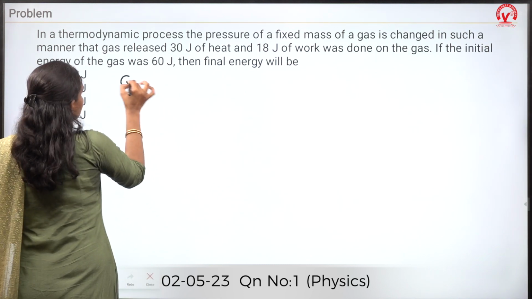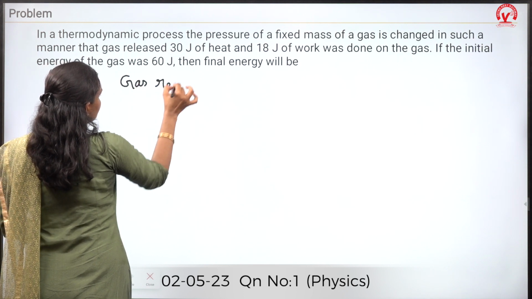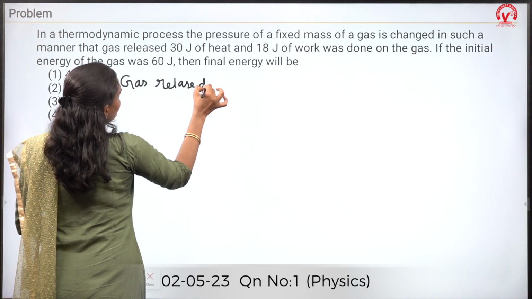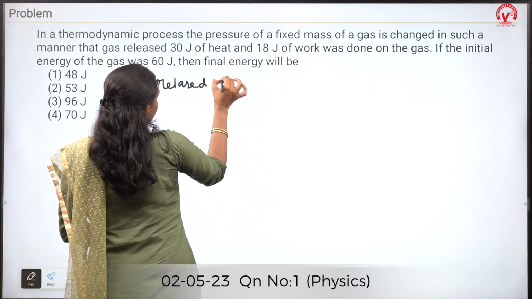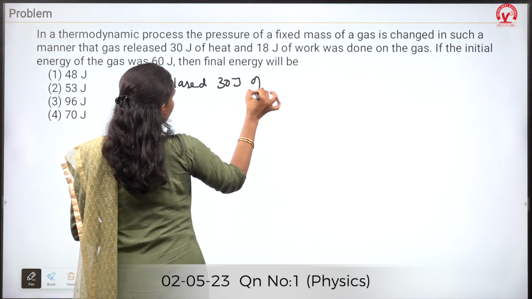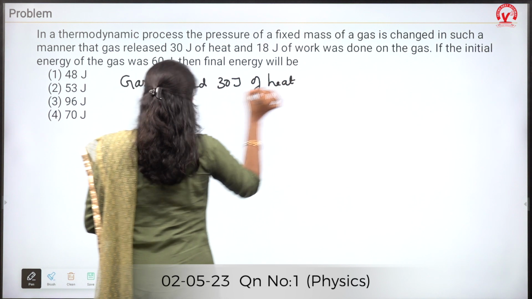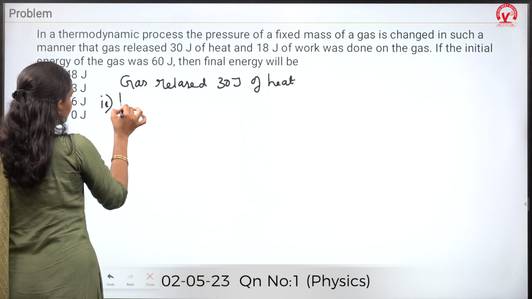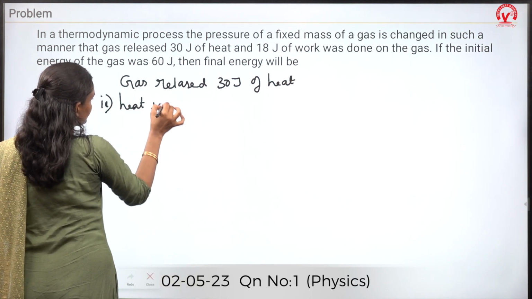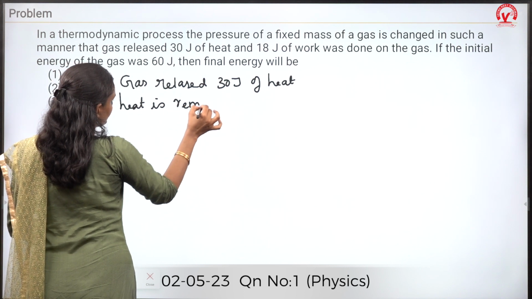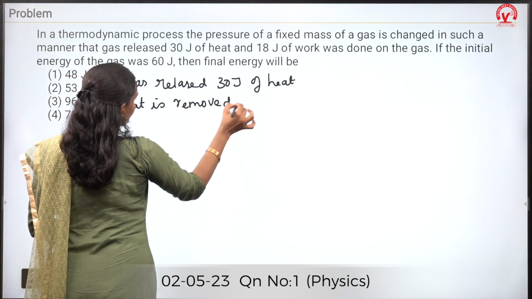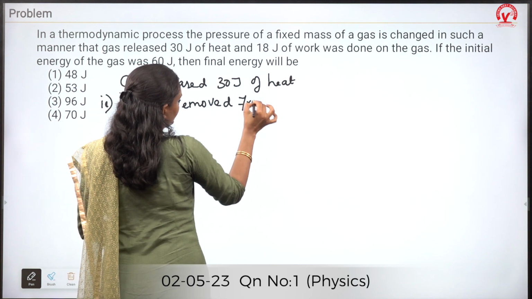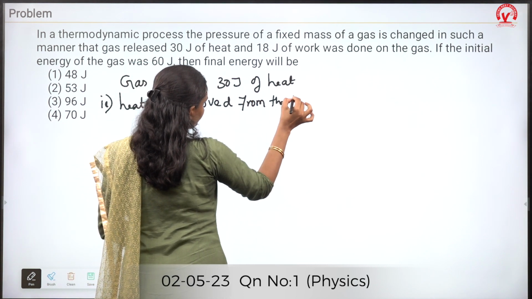So the gas released 30 joule of heat. That is, heat is removed from the system.